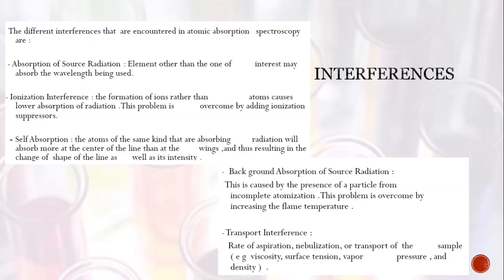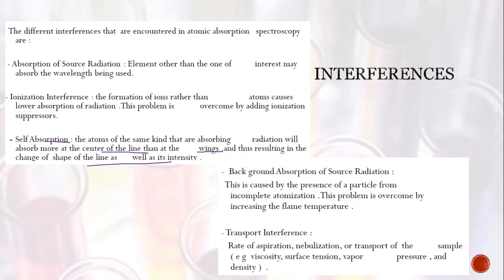Then self-absorption, so the atoms of the same kind that are absorbing radiation will absorb more at the center of the line than at the ends, and that results in a change of shape of the intensity. So we can have self-absorption because atoms also have different sections between the edges and the center.